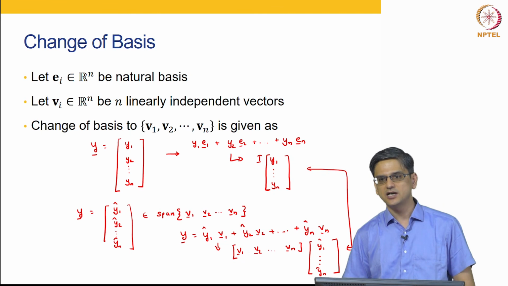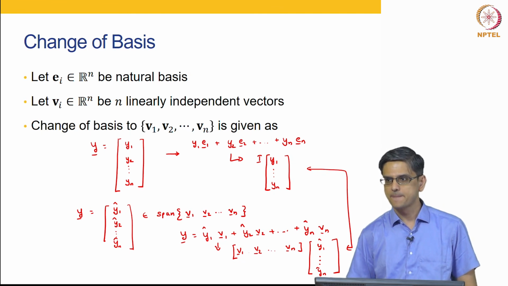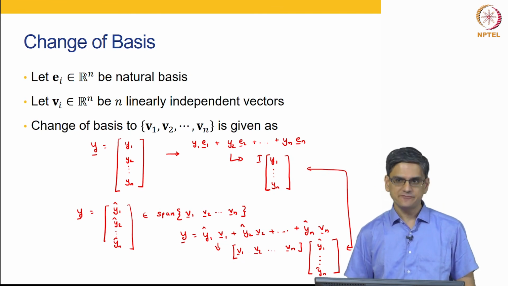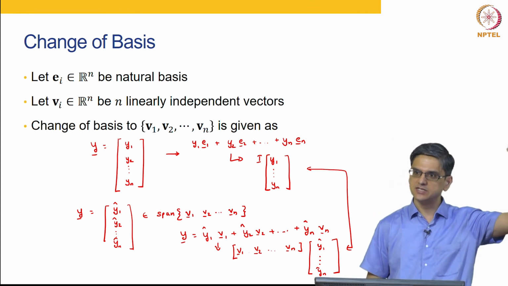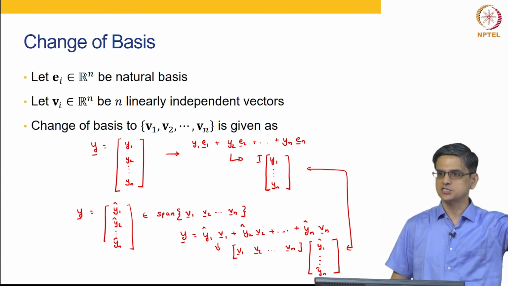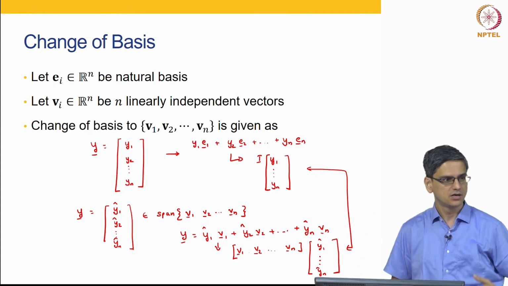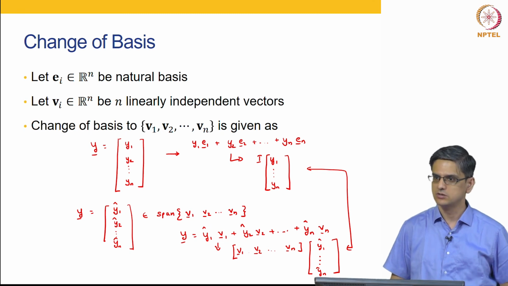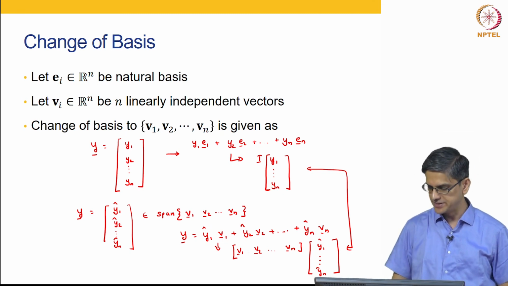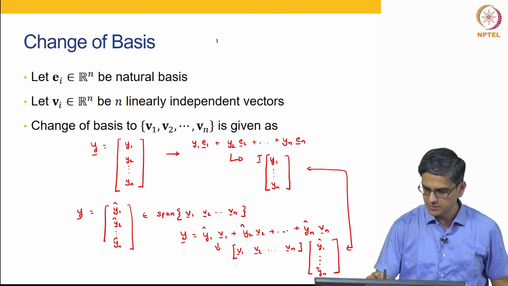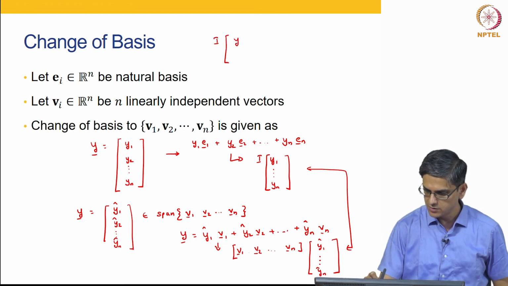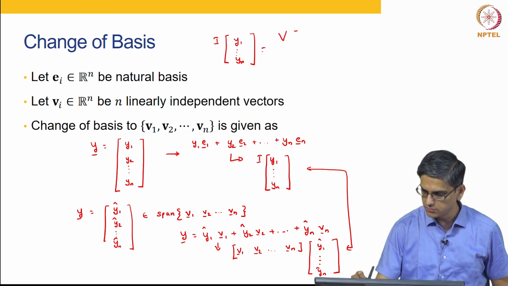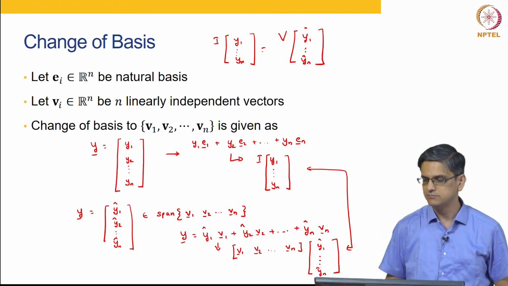But these two vectors are one and the same. It is the same vector represented in the natural basis earlier and in a new basis right now. So, we just equate them. We will find I multiplied by y1 to yn equal to V multiplied by y1 hat to yn hat.